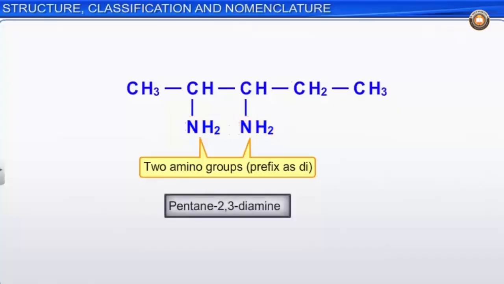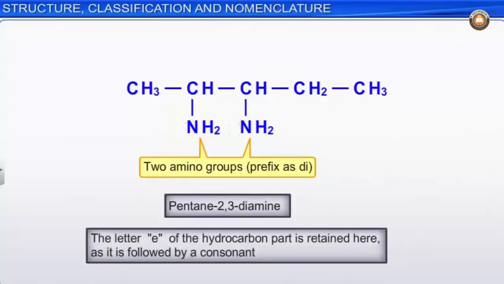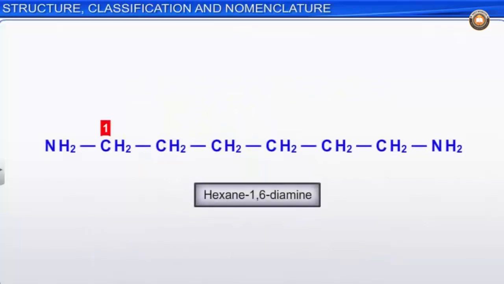Thus, the name of the compound is pentane-2,3-diamine. Similarly, the given compound with two amine groups at 1 and 6 positions is named hexane-1,6-diamine.